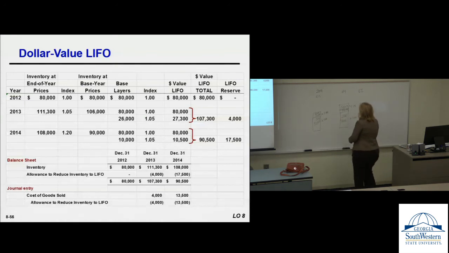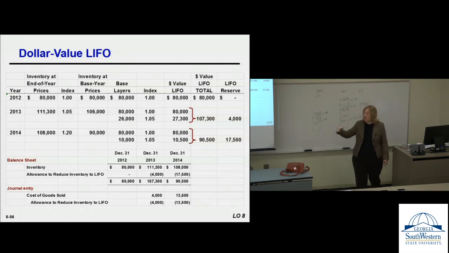Because in 2000, let's just have another problem. In 2014, if we counted this and we had 200,000 worth of inventory, let's say, clearly it went up, then we would have had another layer in 2014, and we would multiply it times 1.2, right?